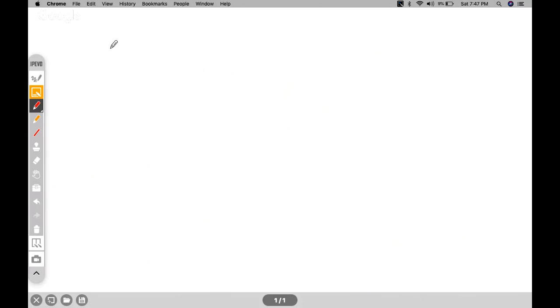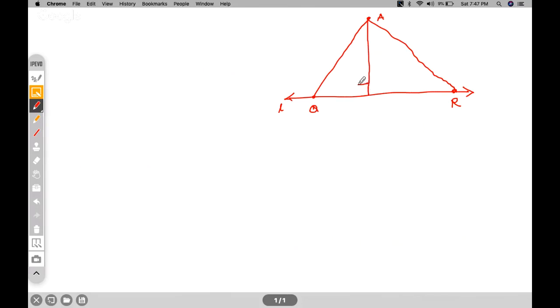So I'm drawing a figure. The figure is something like this. This is a line L, and this is a point Q, this is a point R, and this is a point A. Let's draw a perpendicular from here.